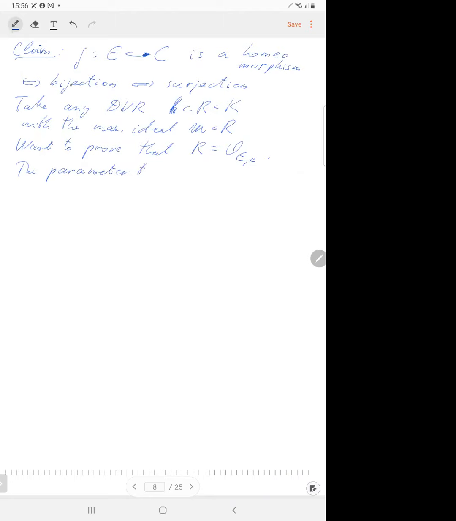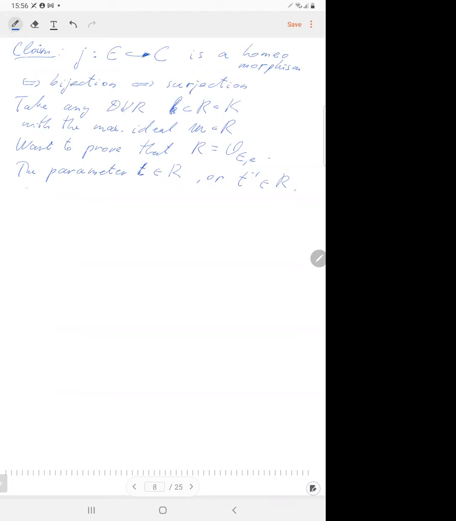And you see, since we have this DVR and K, capital K, is this field of fractions, then for the parameter T, in fact for any element of the field of fractions, there is that dichotomy. Either it lies in our R, or its inverse lies in our ring, in our DVR.